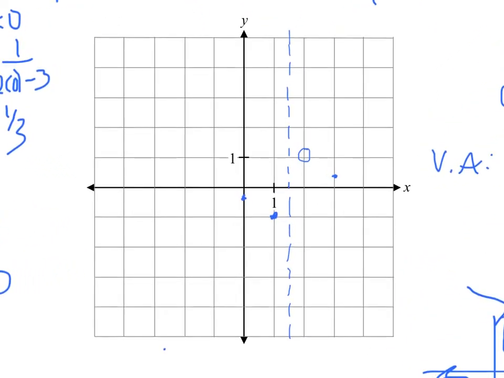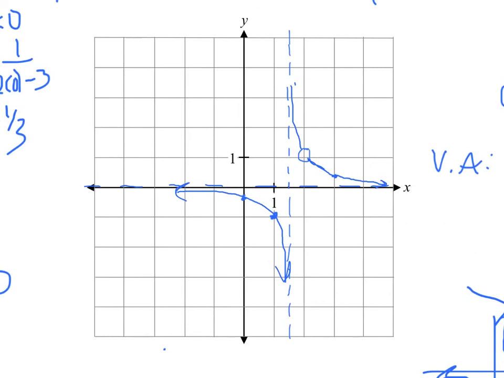Some people don't put in the horizontal asymptote if it's on the x-axis. I like to put it in, especially if you ended up having to shift it after. So we're just going to obey the asymptotic behavior. It obeys the horizontal asymptote on this side, and then it obeys the vertical asymptote on this side. Likewise over here, it's obeying the vertical asymptote. Make sure you're drawing a function. It's swooping around and obeying the horizontal asymptote.